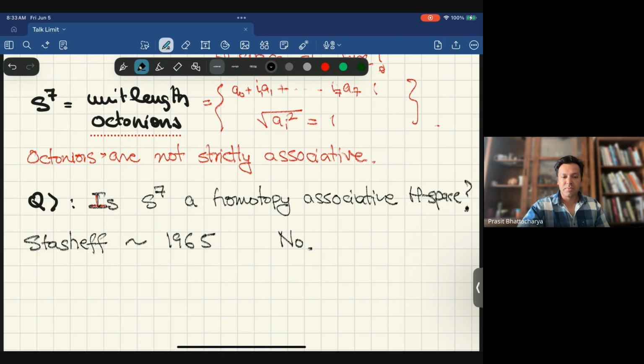He used a lot of different techniques, but he said that S7 may have an H-space structure, but whether it comes from octonions or something else, no matter whatever kind of multiplication you want to define, it can never be associative. There is actually a topological or homotopy theoretic obstruction to this. So this is where I'm going to end my talk.